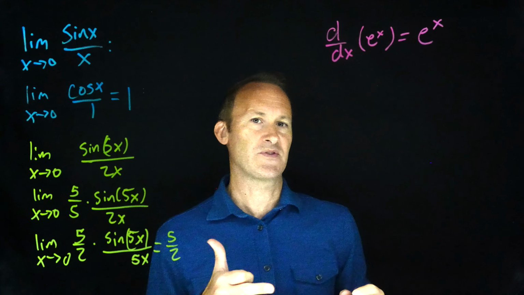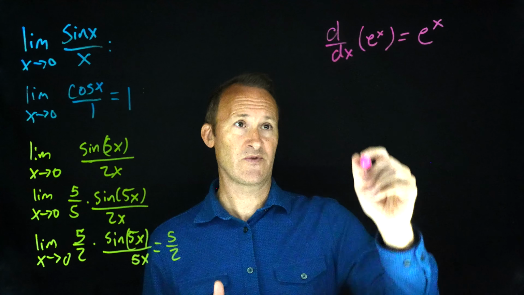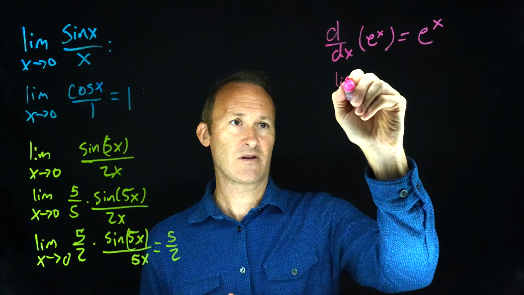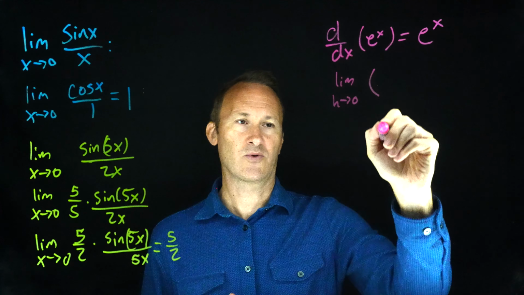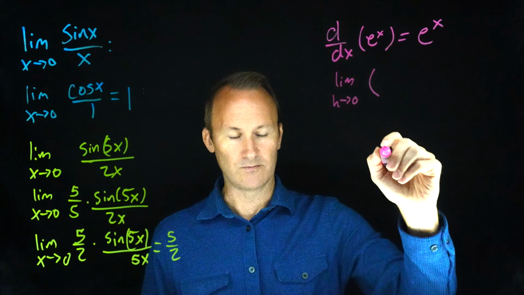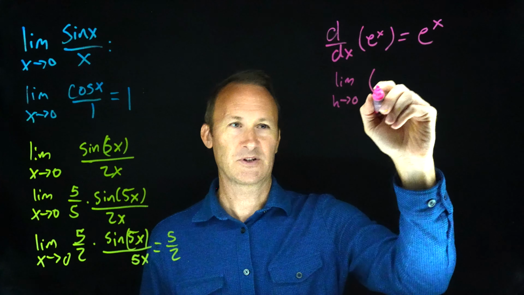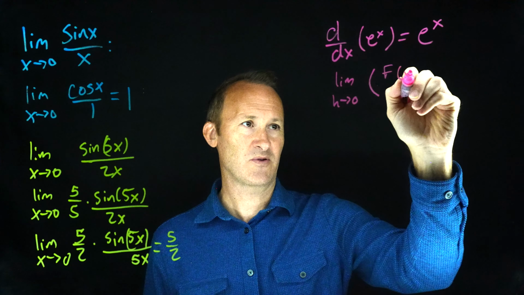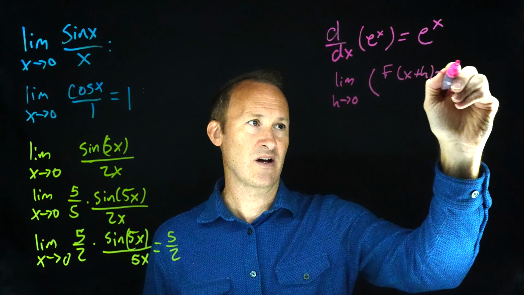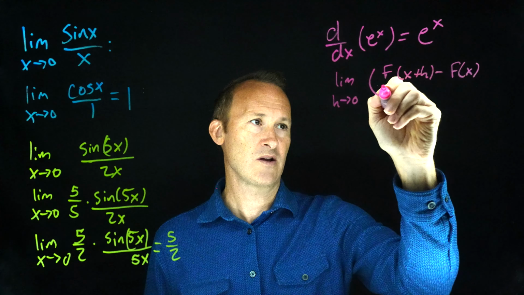Now, what if we look at this in the context of our original definition of the limit? So this is the limit as h goes to 0 of, let's just write it out, f of x plus h minus f of x all over h.